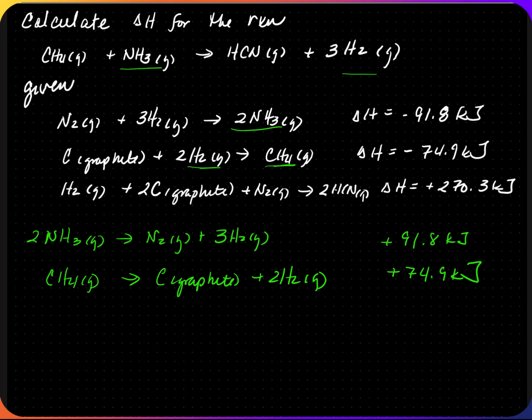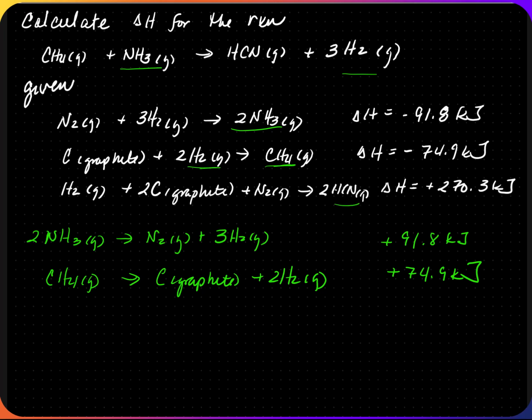If I look at my equation, graphite is not in the original equation. Since the second equation had to be flipped because the methane had to be on the reactant side, the graphite is now on the product side. To cancel out the graphite on the product side, the third equation has to have the graphite on the left side.